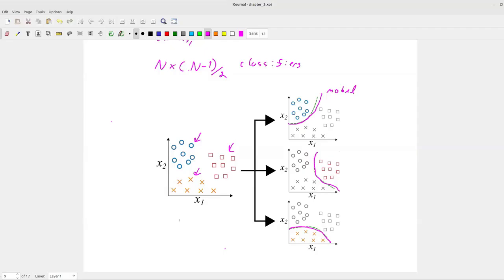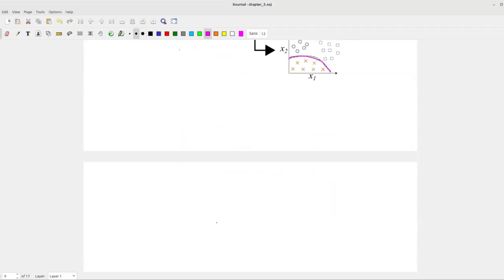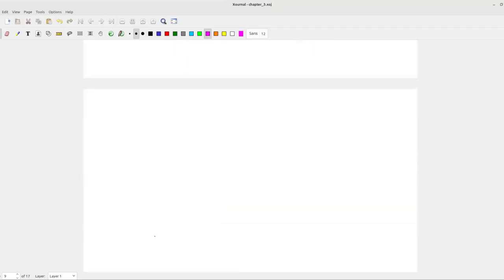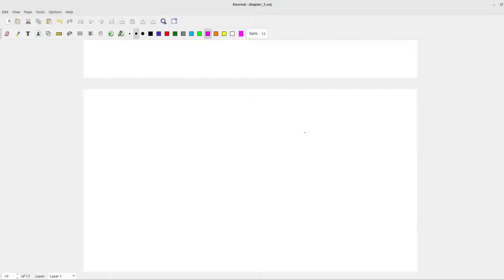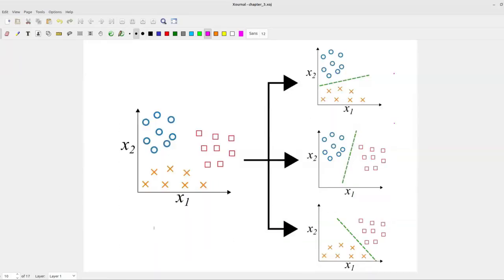So we can also do a one versus one image that looks very similar. Again, I've got my blue circles, red squares, and orange X's, and now I'm only going to train 2 of my classes at a time, right?